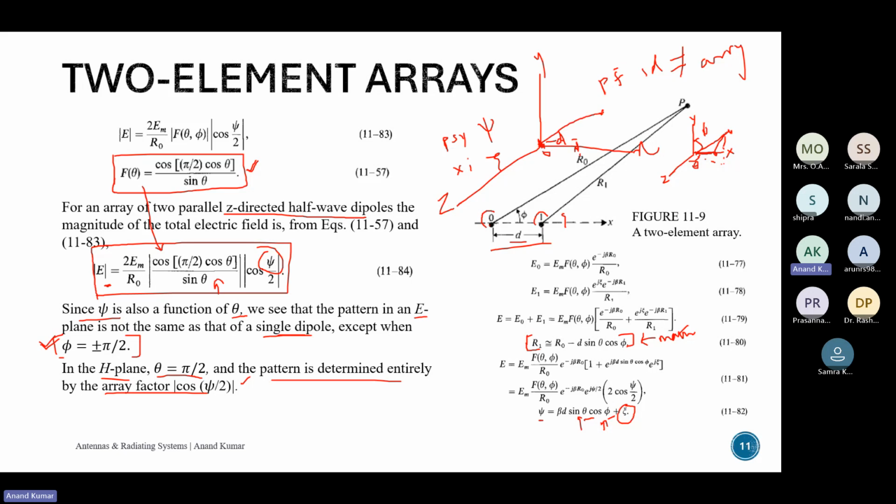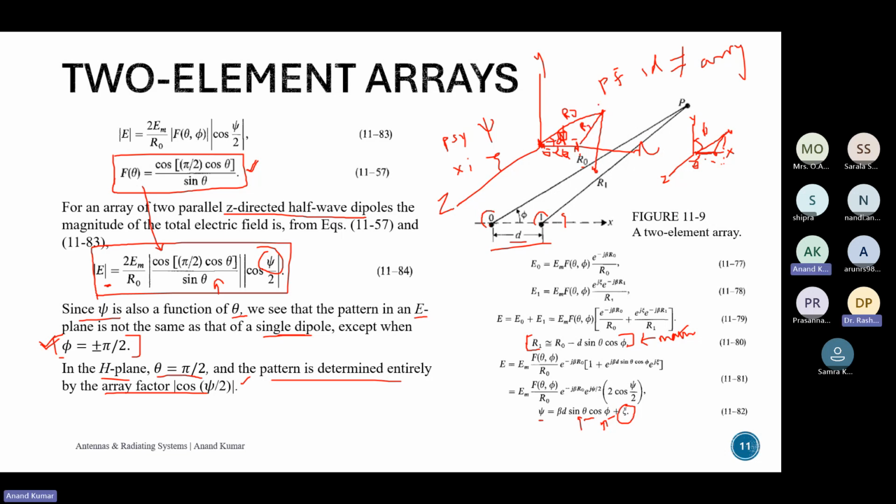If we join these lines and take the projection of P on the x and z plane, and take this particular angle, we have some theta angle which is made over here, and then some phi angle which is like this. Using these projections, we have to approximate this R0 and R1.